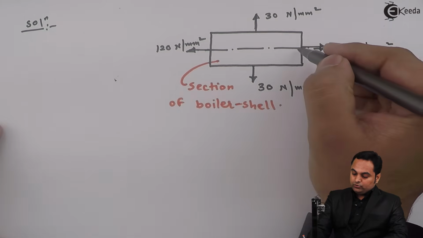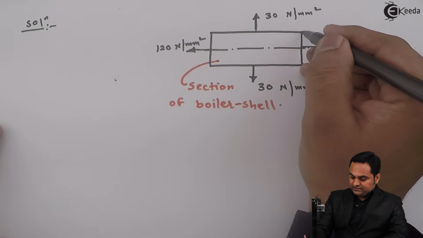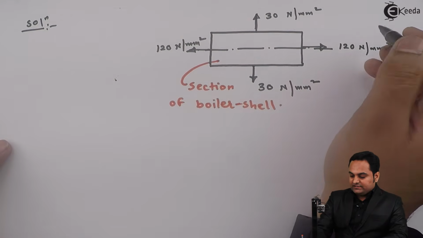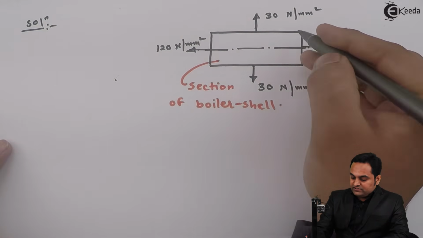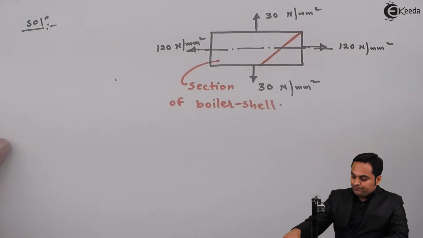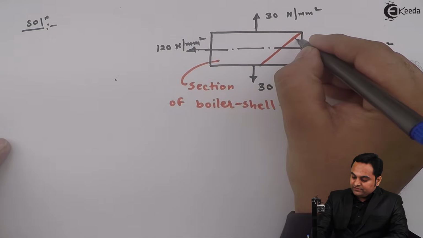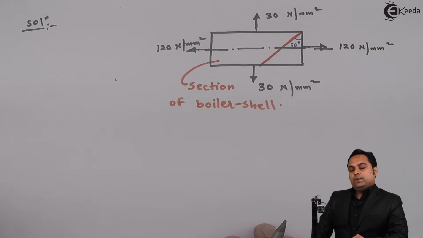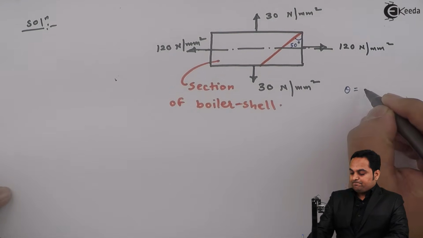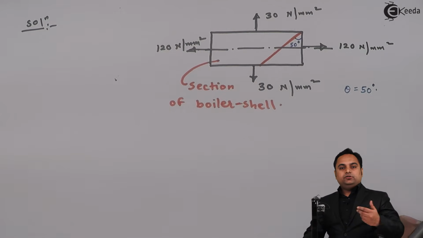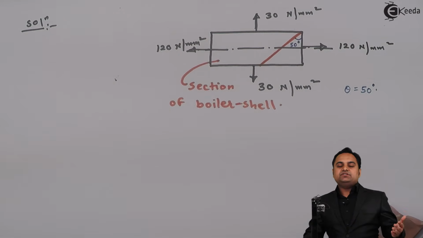It is inclined to the face on which 120 Newton per mm square is acting, and this angle is 50 degree. So here theta value is 50, and the next thing is we have to calculate the normal stress first, then tangential, then resultant.